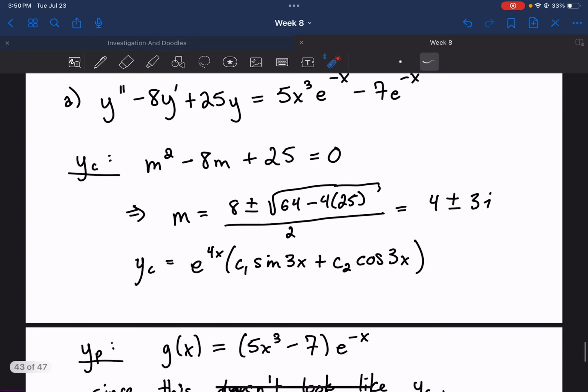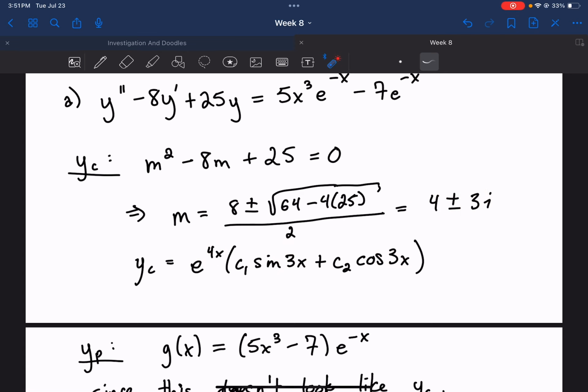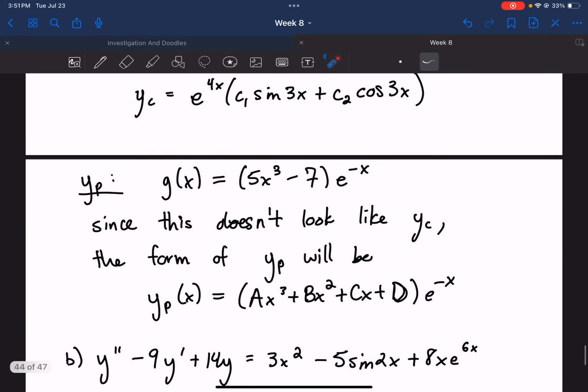Okay, solving our associated homogeneous equation gives us complex conjugate roots. Already I can tell we're going to be smooth sailing. We get e to the 4x times sines and cosines, right? This is alpha, these right here are beta. Particular solution guess: g of x equals 5x cubed minus 7 all times e to the negative x.